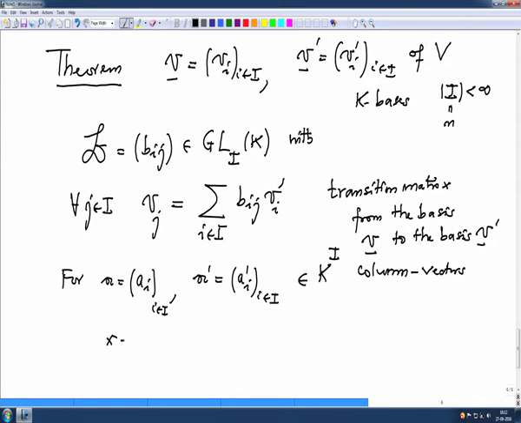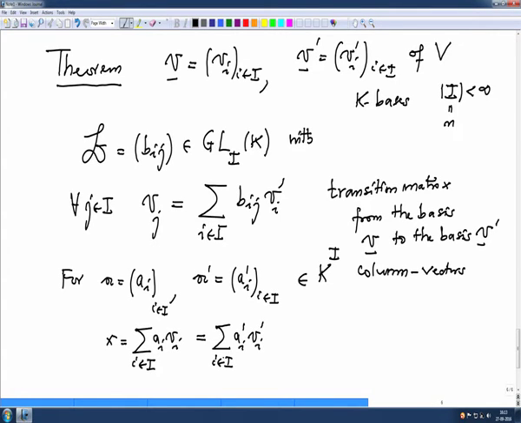So I want to write the vector corresponding to this, that is summation ai vi, i in I, and the column vector, it is also written in terms of the basis Vi prime, summation ai prime Vi prime.